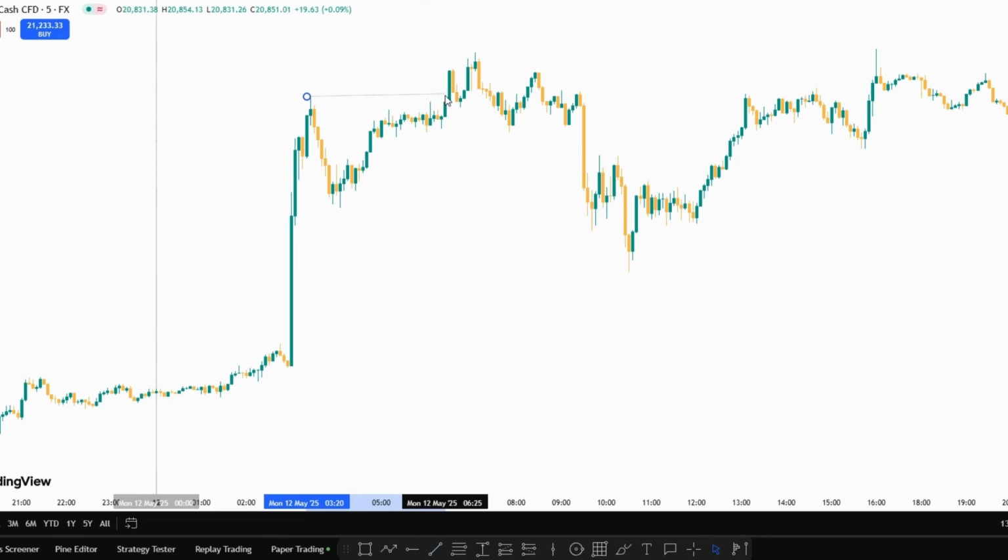We know that it broke structure and it swept liquidity, right? So when price broke that high, I was monitoring these two levels over here. So I was monitoring this level, this low, and I was monitoring this high over here, right?